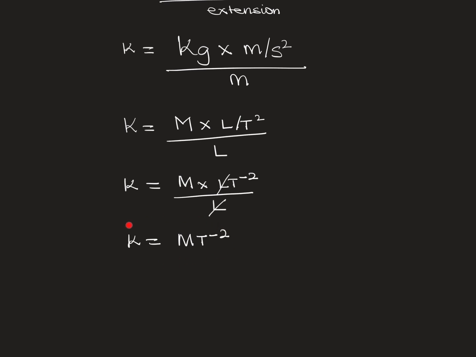This is the dimension of the spring constant or elastic constant. It is MT to the power -2. So because we do not have length here, if at all we want to still indicate it, alternatively we can say K is equal to M to the power 1, L to the power 0, T to the power -2.